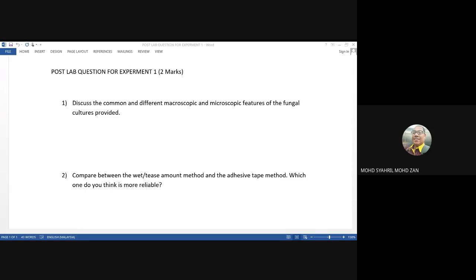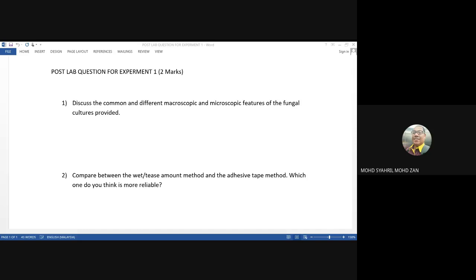Tapi kalau untuk infographics, better awak buat perbandingan antara mold dengan yeast. Daripada eksperimen pertama sampai 3. Okay. Eksperimen 4 dan 5 ataupun 6 dan 7 tu lebih kepada eksperimen lain, cuma tambahan untuk info-info.